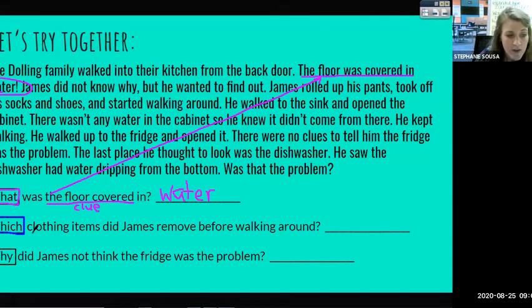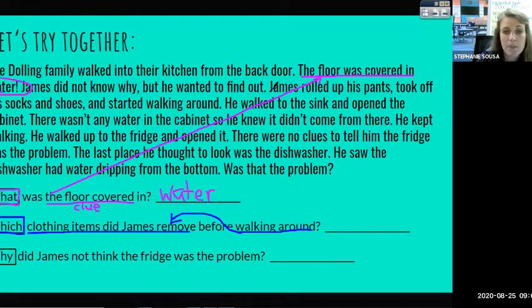Which clothing items did James remove? Ooh, look at this, before walking around. There's lots of clues here. I don't care about later on that night when he removed his clothes to get in his pajamas. I care about before walking around, okay? So which clothing items, that's what I'm looking for, the names of clothes, clothing items.